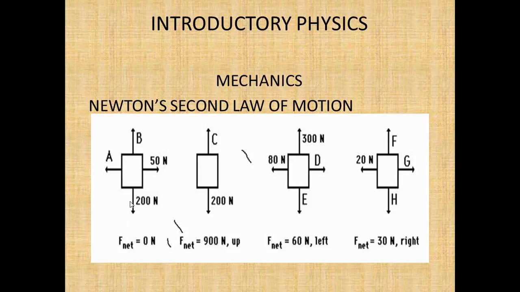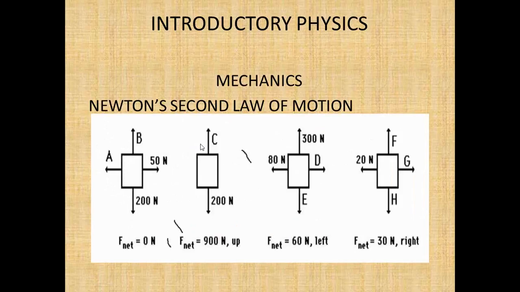Therefore, force of gravity is 200, and the normal force, which is opposite to your force of gravity, is going to be 200 newtons. And because your net force is 0, if this is an applied force, then the force of friction is also going to be 50 to the left.